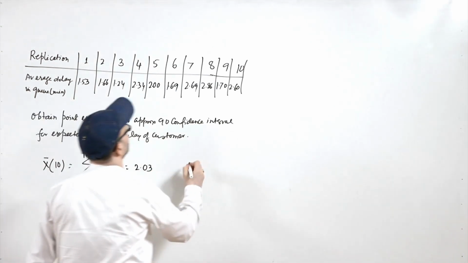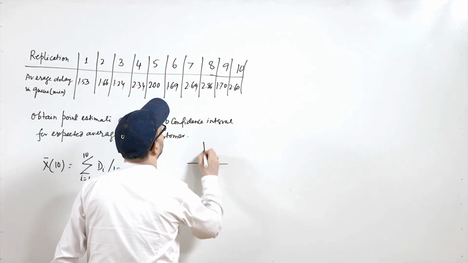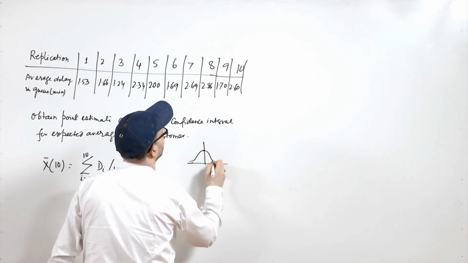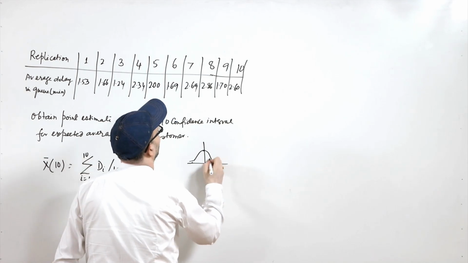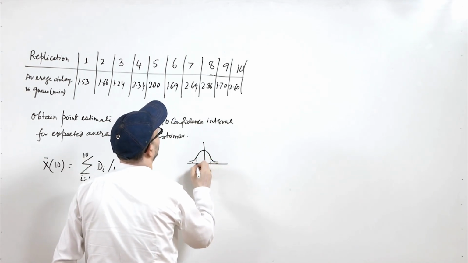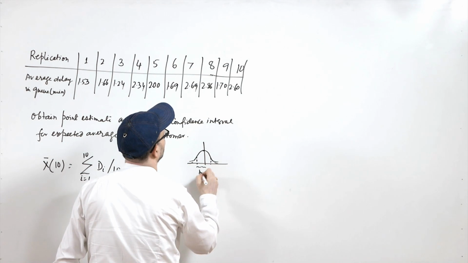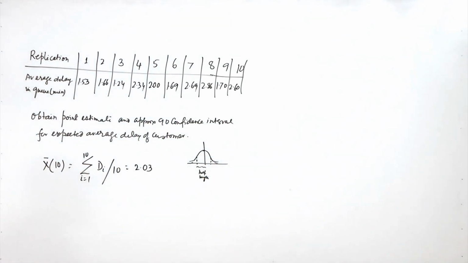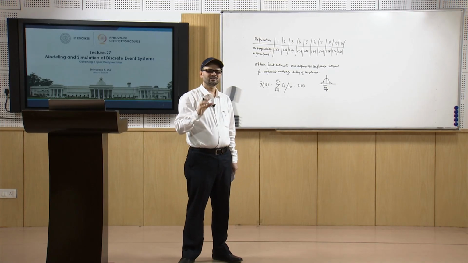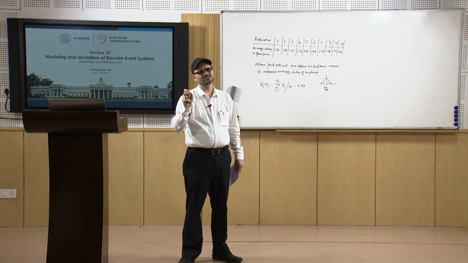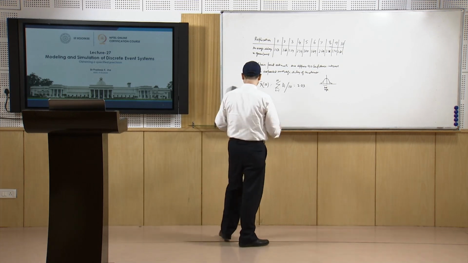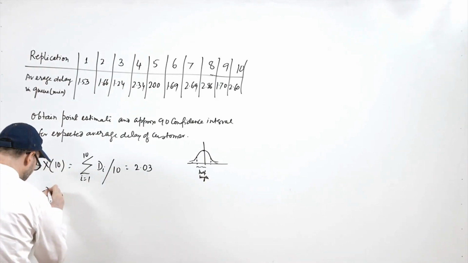Basically, if we have got the mean, then with a certain confidence we say that this will be the half length. For that half length calculation we know that we get x bar n plus minus t n minus 1, 1 minus alpha by 2, times the square root of s square n by n. First of all we will find s square n, here s square 10.